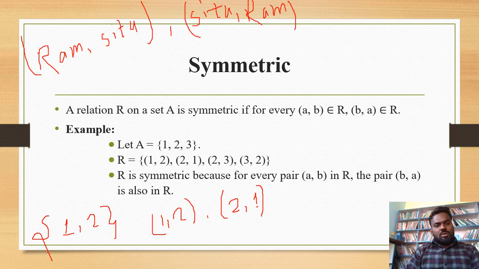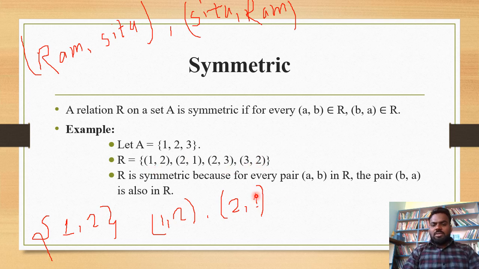So let's go through the definition. A relation R on a set A is symmetric if for every (a, b) belonging to R, (b, a) also belongs to R. For example, let A be {1, 2, 3}. Its relation is R = {(1,2), (2,1), (2,3), (3,2)}.